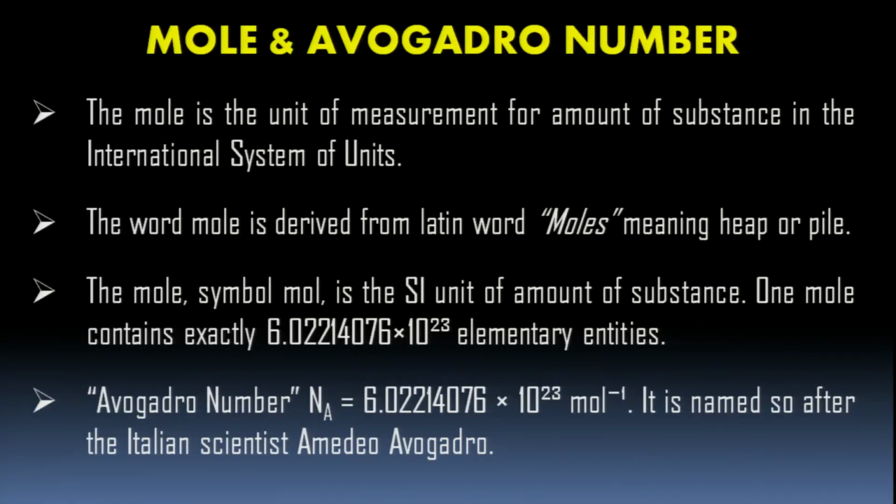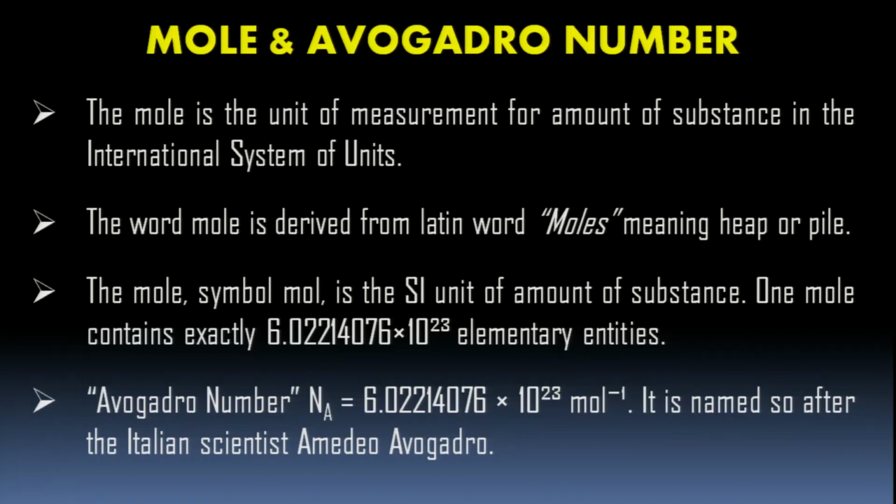The mole, symbol mol, is the SI unit of amount of substance. 1 mole contains only, I'm saying only, 6.022140076 into 10 to the power 23 elementary entities.